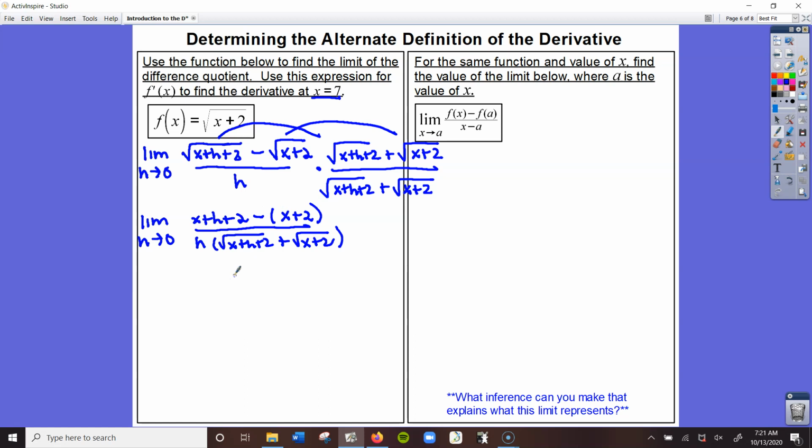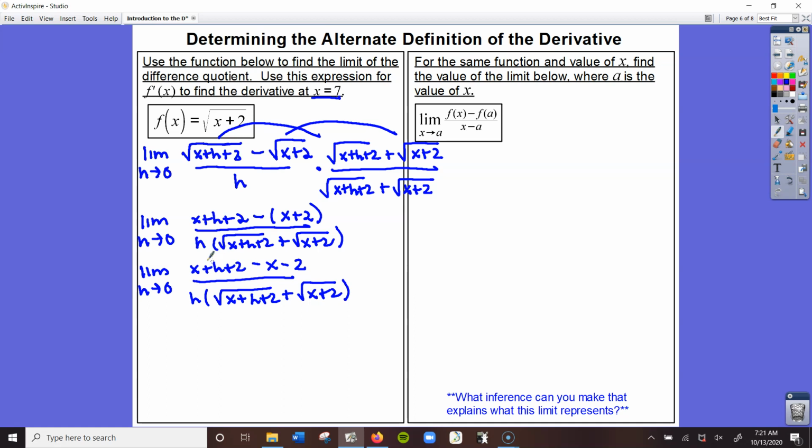If I distribute this negative, we would get x plus h plus 2 minus x minus 2 all over h times the square root of x plus h plus 2 plus the square root of x plus 2.